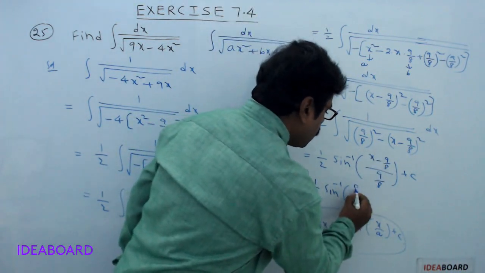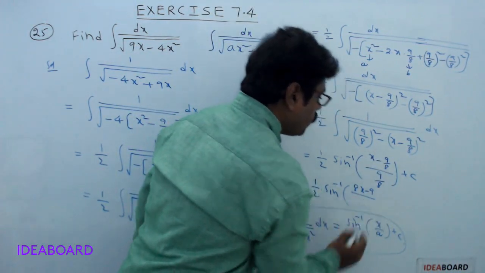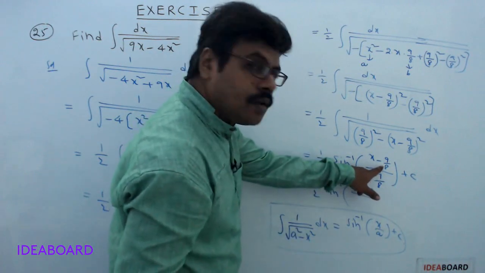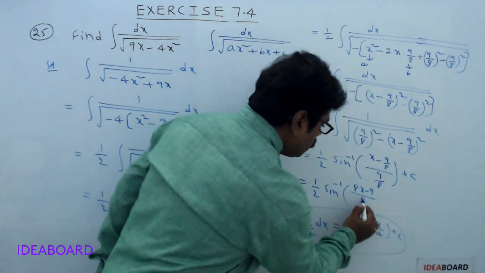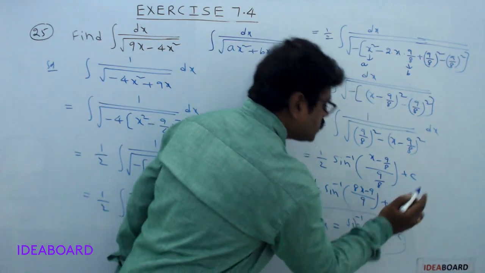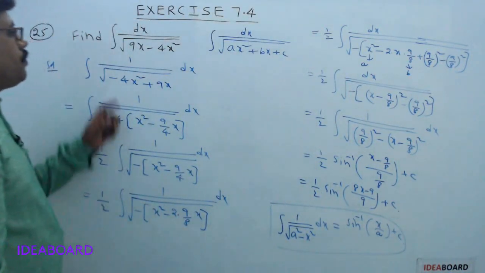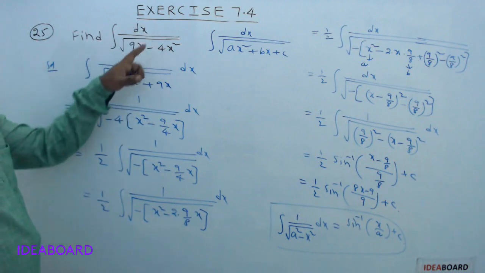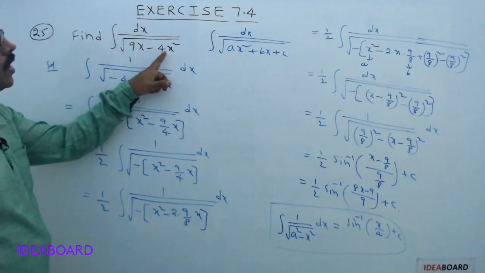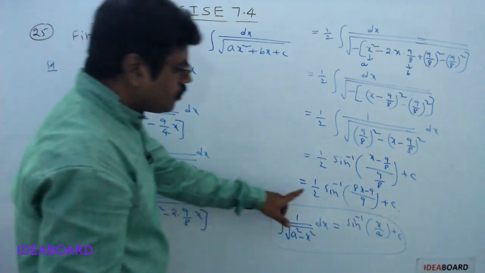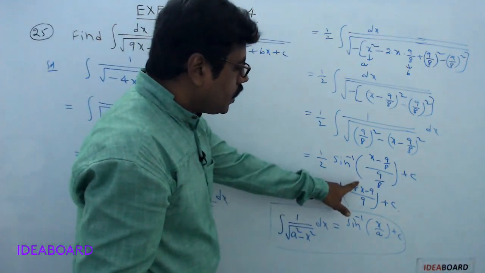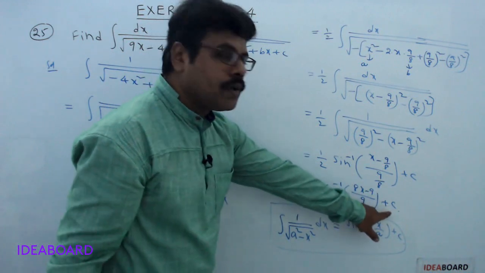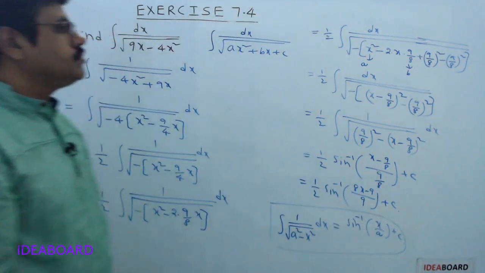So 8x minus 9 divided by, after taking the LCM in the numerator, this 8 and this 8 will get cancelled. So divided by 9, plus c. So therefore integral dx divided by square root of 9x minus 4x square is equal to 1 by 2 into sine inverse of 8x minus 9 divided by 9 plus constant c.